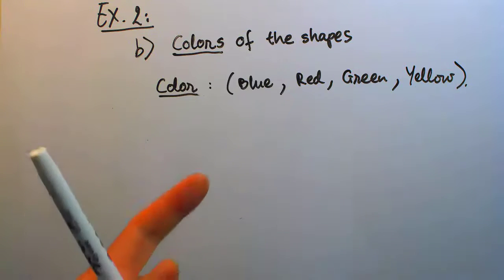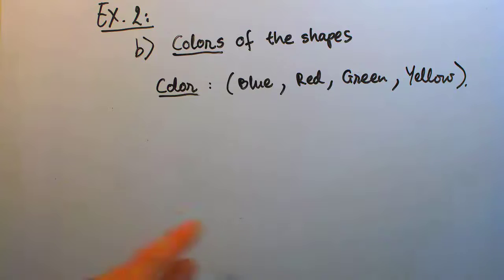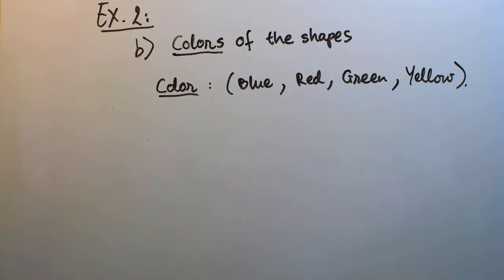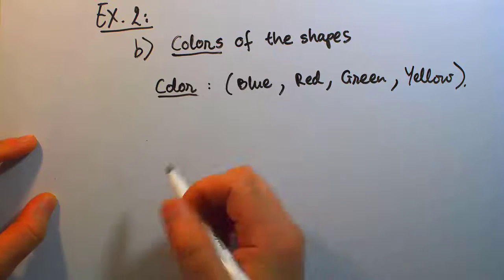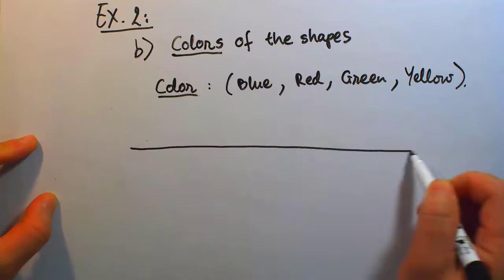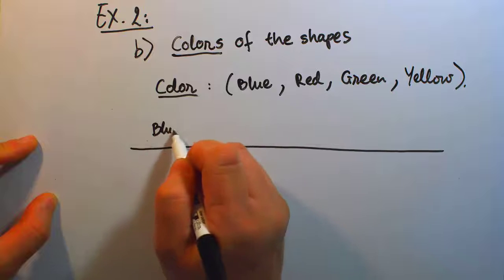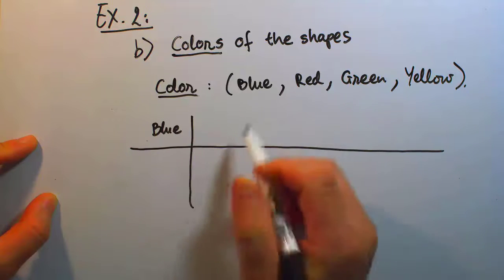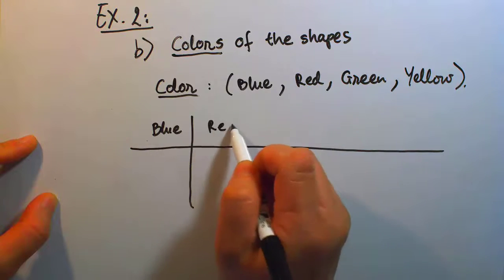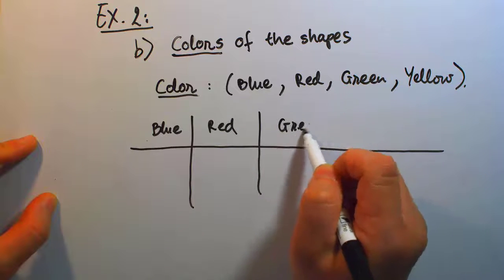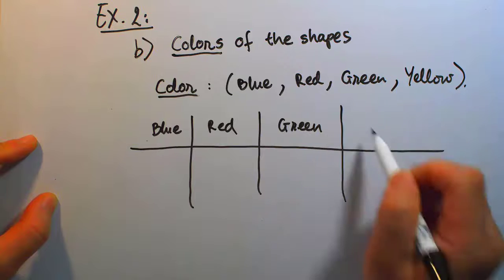We cannot order the values. So you can put red, blue, green, yellow in whichever order you would like to, but that's not the point. What we can do with this categorical data is, once again, give the count. So I'm going to have to make a bigger table here. So 1 column for the blues, 1 column for the red, 1 column for the green, and 1 column for the yellow.